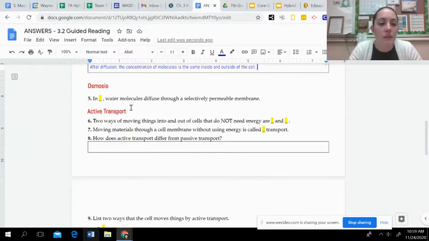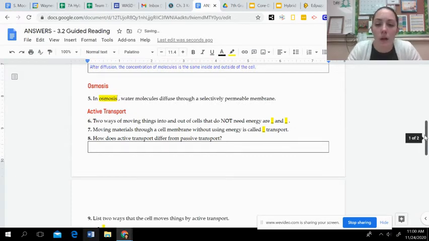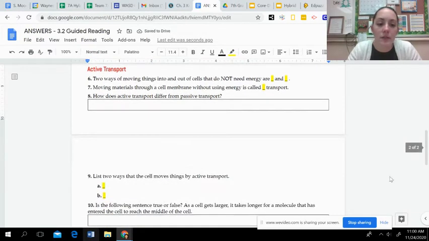Question 5, in blank, water molecules diffuse through a selectively permeable membrane. This example is osmosis. Then when we move on to our active transport section, 2 ways of moving things into and out of cells that do not need energy are called diffusion and osmosis.